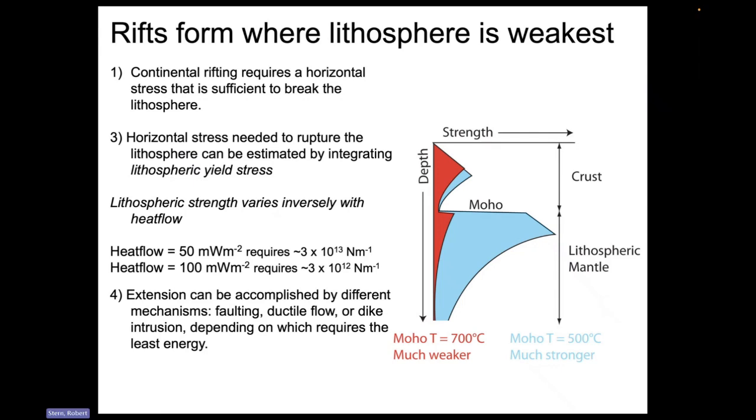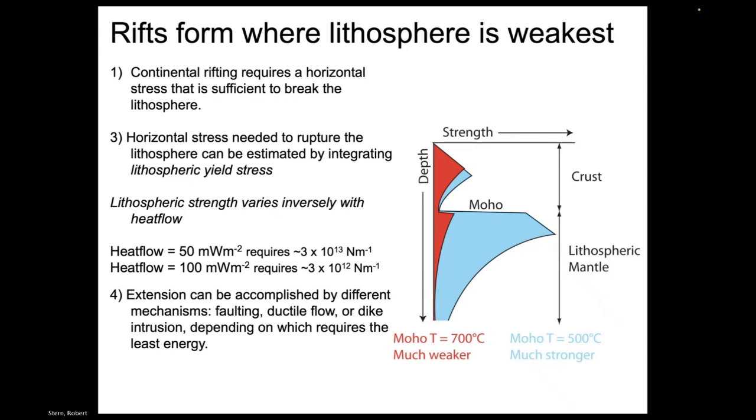And a few numbers here. If the heat flow is 50 milliwatts per meter squared, which is a little bit lower than normal, that requires an order of magnitude more stress than for the same strain at a region where you have 100 milliwatts per meter squared.